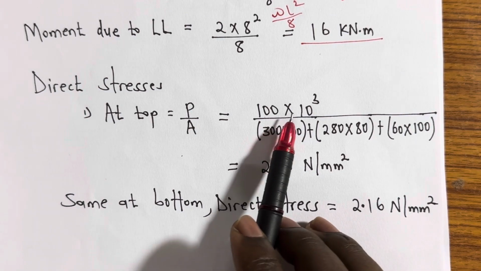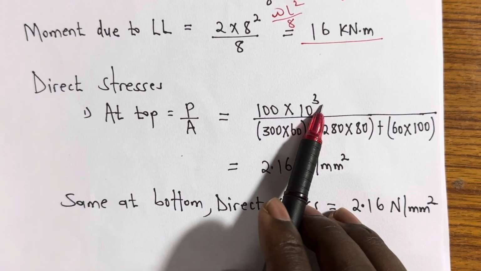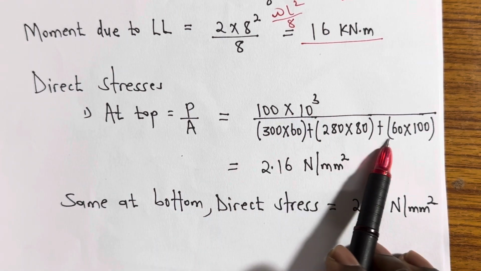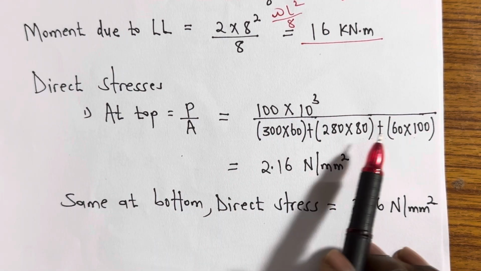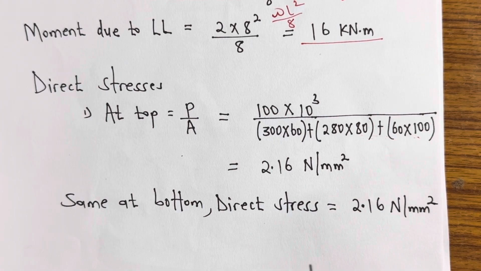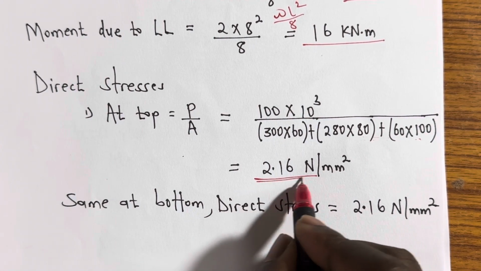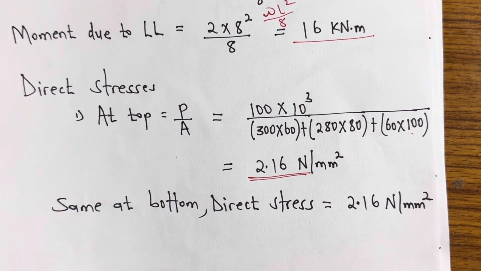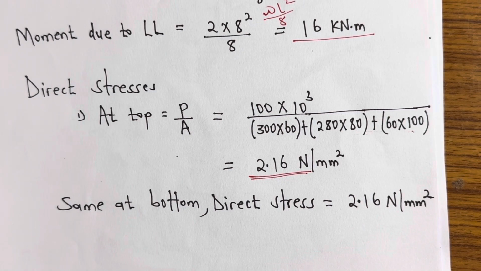So, to change it to Newton, I multiplied by 10 to power 3 and divide by the total area of the overall I section beam. So, I believe you know this. The answer comes to be 2.16 Newton per millimeter square. At the bottom, it is the same answer. So, 2.16. The first stress is done.